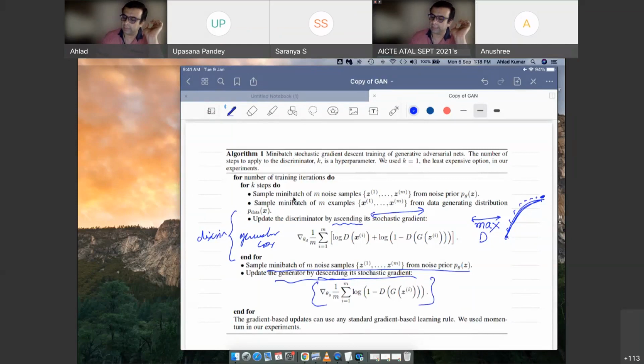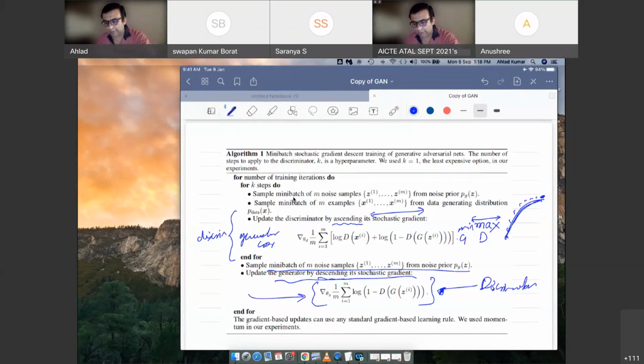In this we are descending because we are doing a minimization with respect to G. So now in this training task, our discriminator is constant. We are not training the weights and biases of the discriminator in this situation. So this is basically a general algorithm for training your generative adversarial networks.